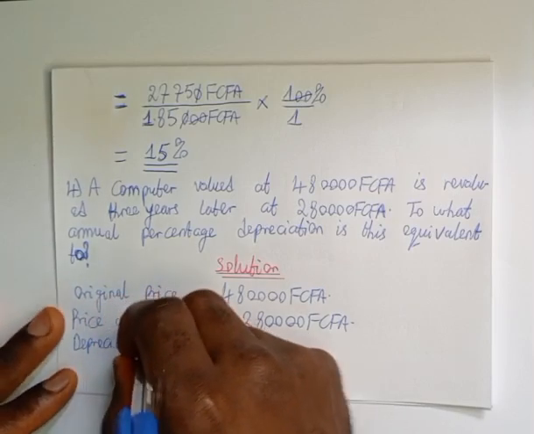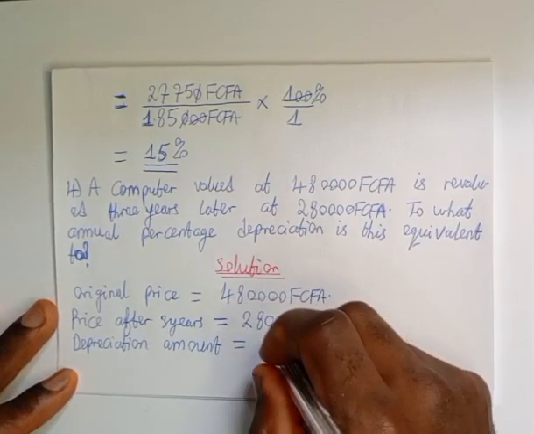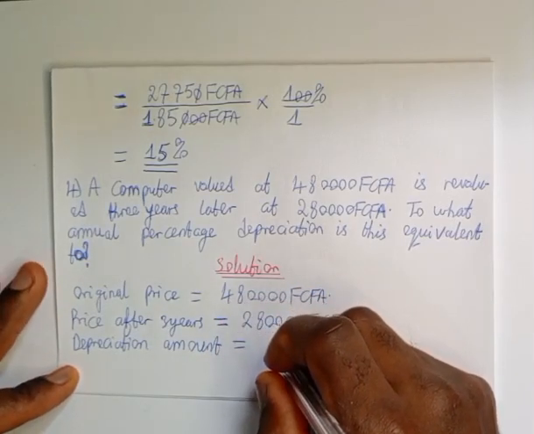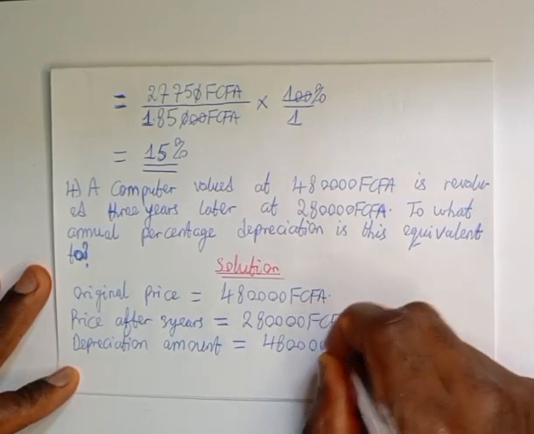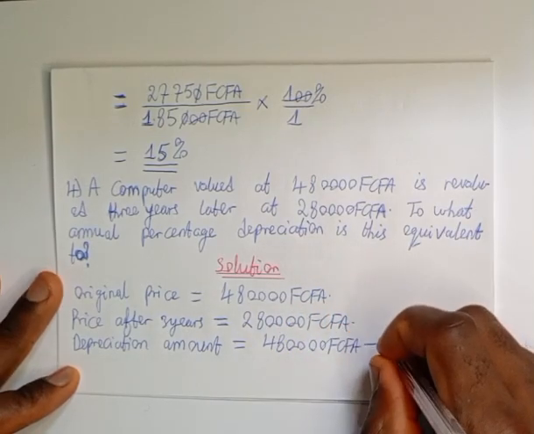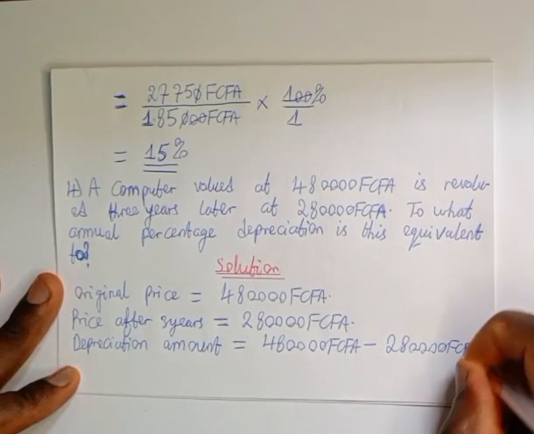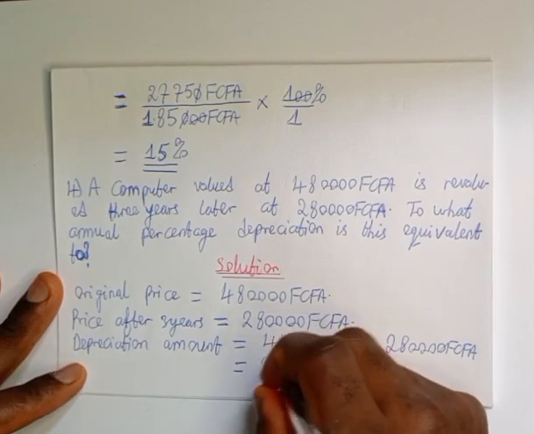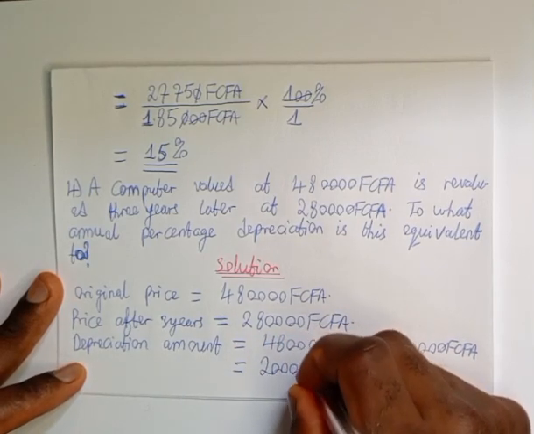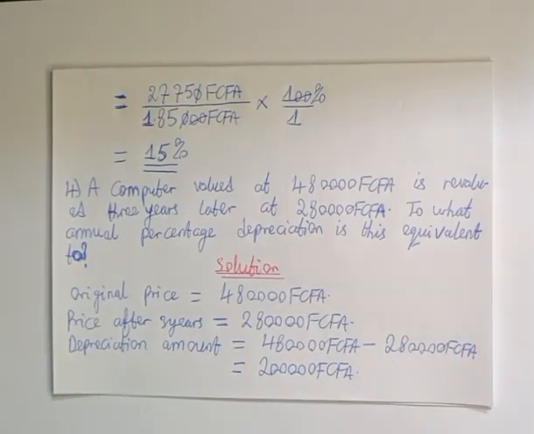Depreciation amount is equal to the original price minus the price after 3 years. We take 480,000 francs CFA minus 280,000 francs CFA. This will simply be equal to 200,000 francs CFA. So this is the amount lost after 3 years.